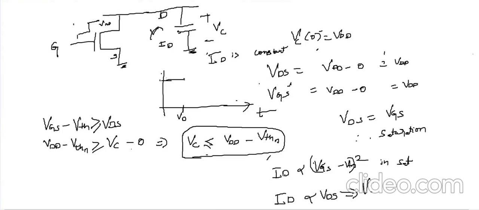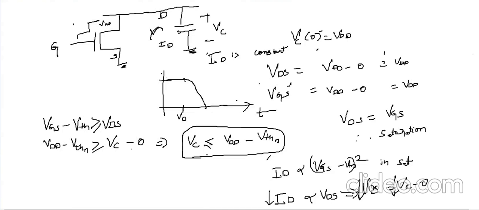VDS is VC minus 0. So as the VC drops, VDS drops, so ID also drops linearly. Why? Because it is in linear region. So the ID drops like this up to 0, right?